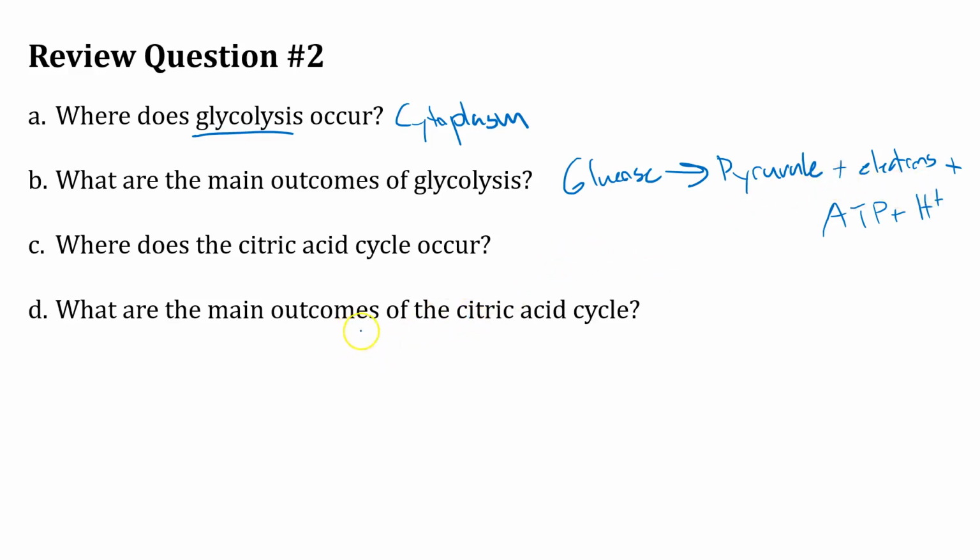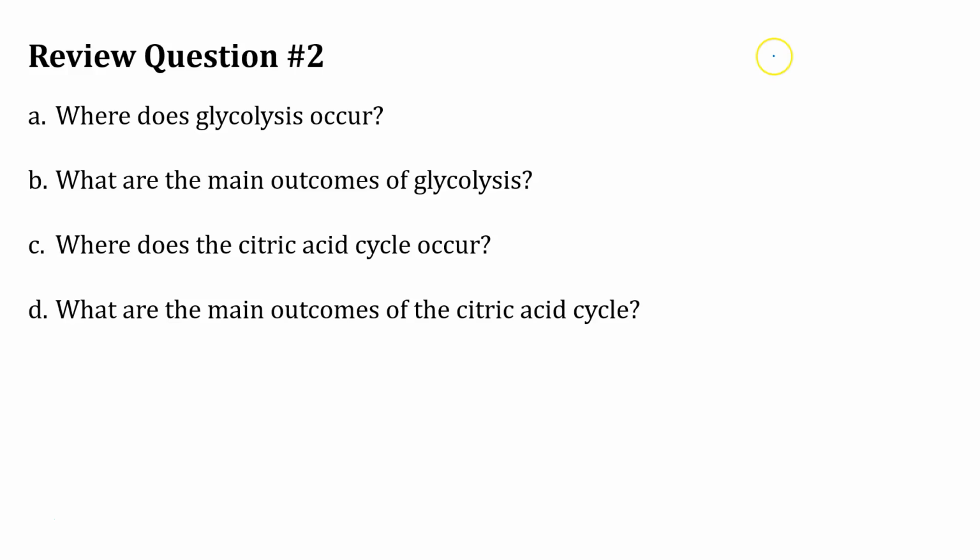The citric acid cycle, and the big thing here to keep track of is that the glucose goes into pyruvate. I'm not too particular that you know how many hydrogens and electrons and everything, but it is good to see that the electrons and hydrogens are being made because they're important for oxidative phosphorylation.